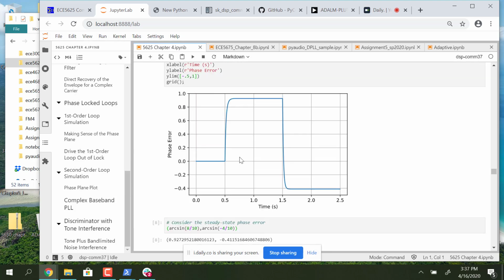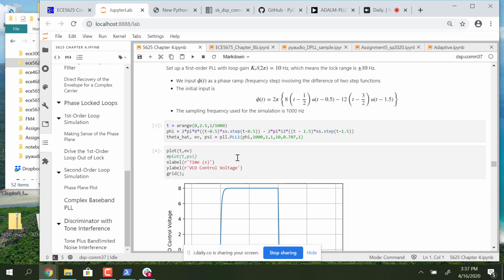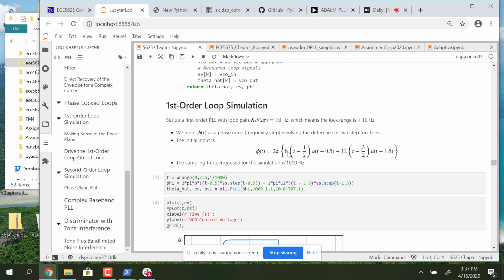Okay, so we were putting in a frequency step that turned on. The step frequency was 8 hertz, so that means we're putting a linear phase ramp. So 2 pi times 8 gives you the linear phase times t, but this is the frequency that we first hit the loop with.